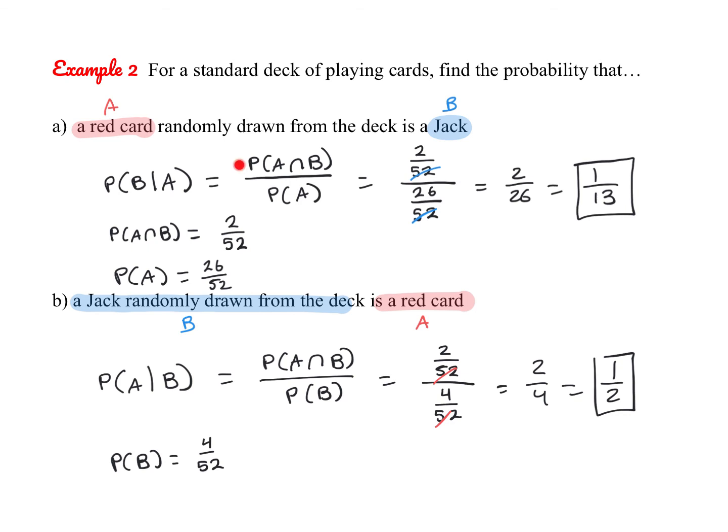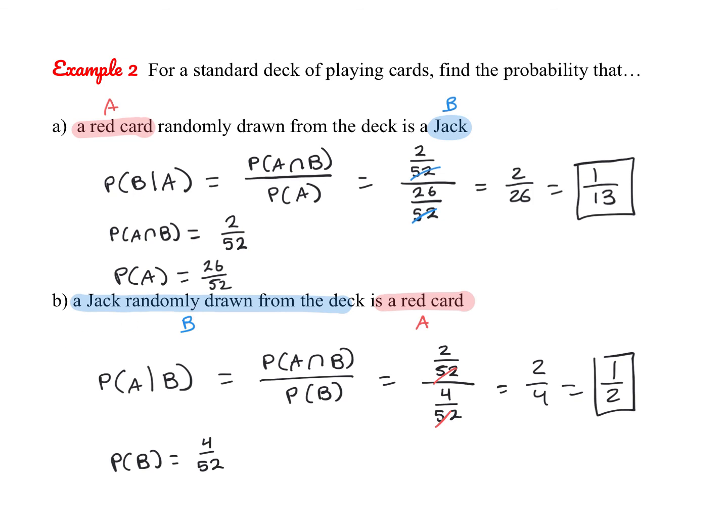Now, we were using that formula for these. I think you can also do these with logic, which ends up with the same result as the formula. If you're finding the probability of a red card being a jack, well, we know that there are 26 red cards to pick from, and there are 2 jacks. So you can almost jump straight to the 2 over 26. And same thing for this one.